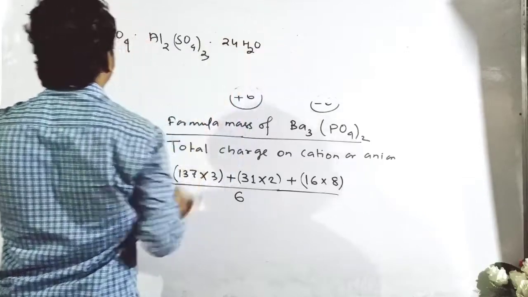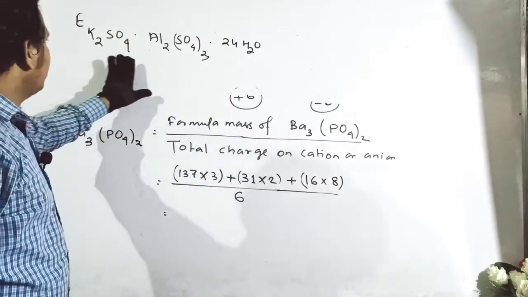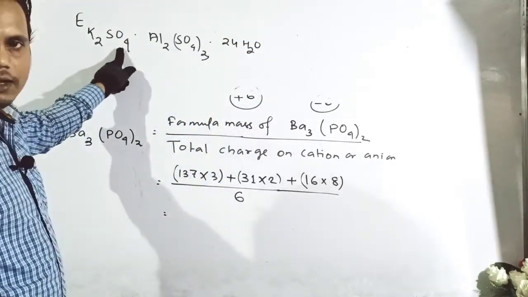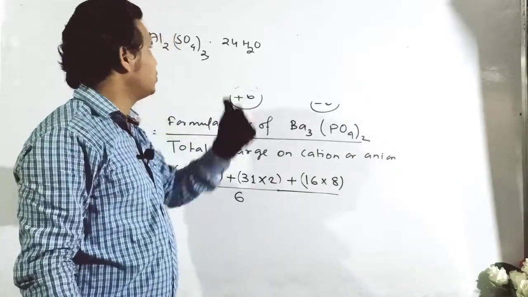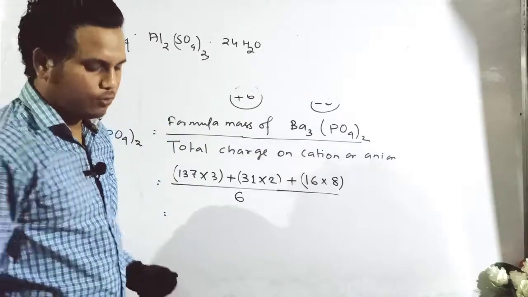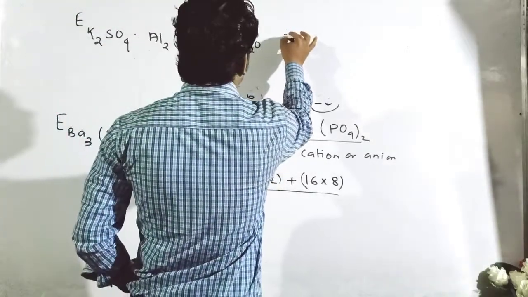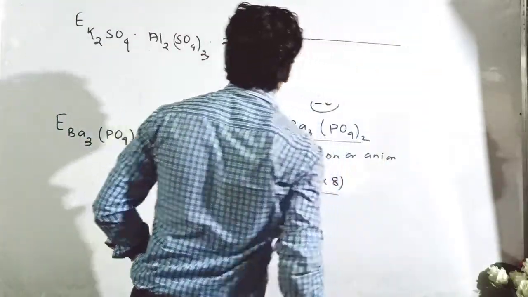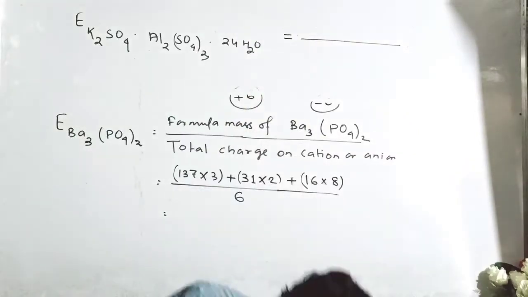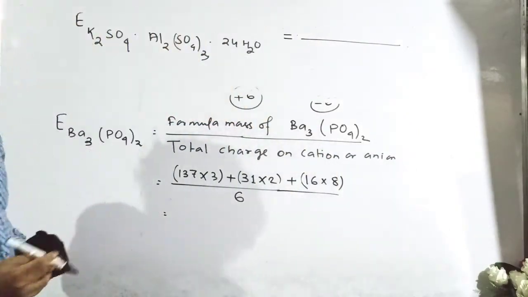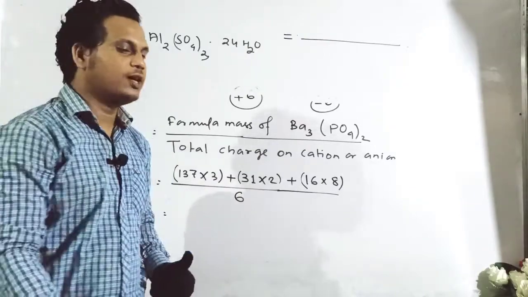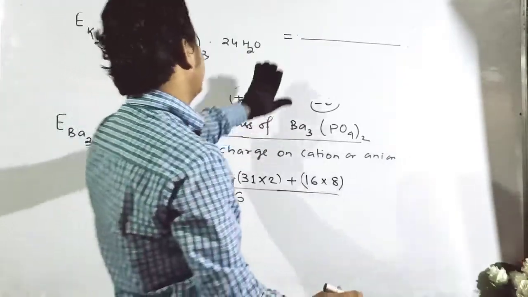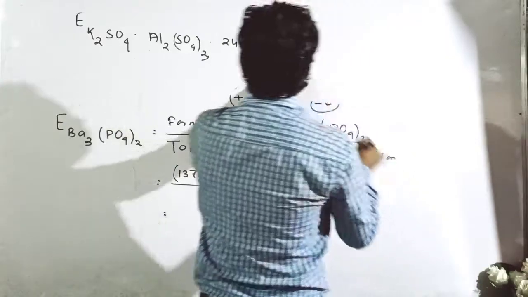Equivalent mass of potassium sulfate dot aluminium sulfate dot 24 water. Now find it. What is the formula? Formula mass by total number of charge on cations or anions. Now, what is the formula mass?